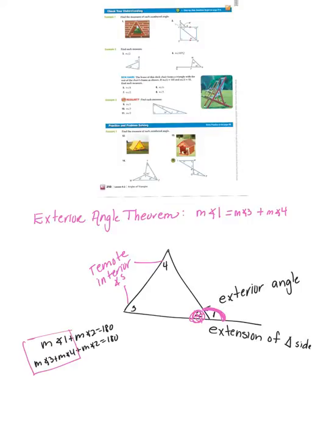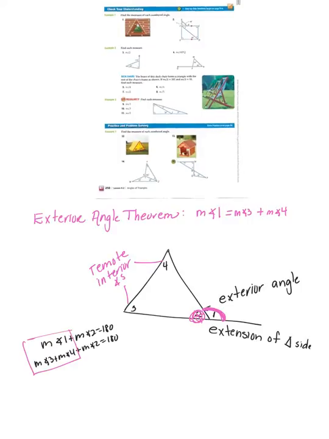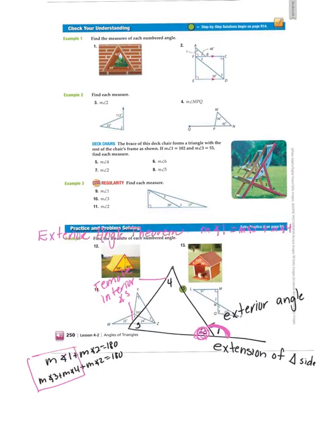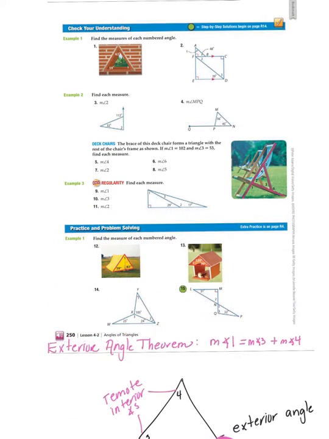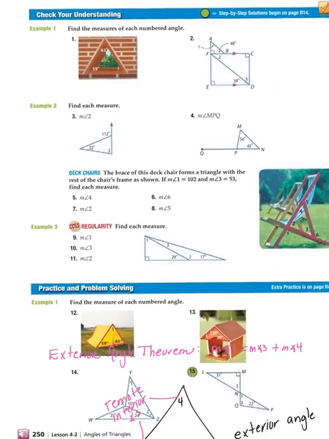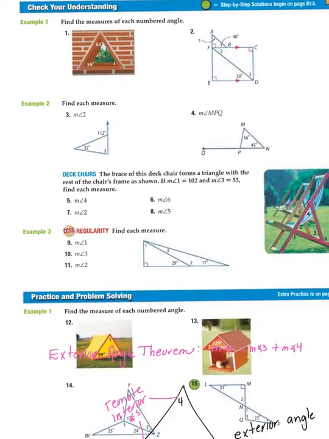Okay, so let's look at that with some of the examples that we have here. I'm going to look at number 3. Do you see how the 112 degrees there is the exterior angle? So if I want to find angle 2, this 32 and this angle 2 are the two remote interiors.